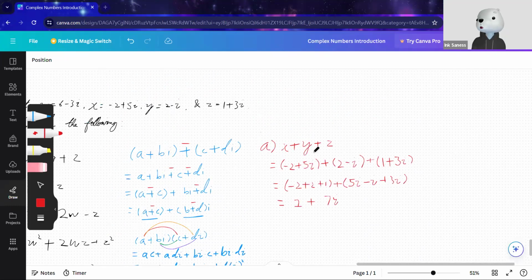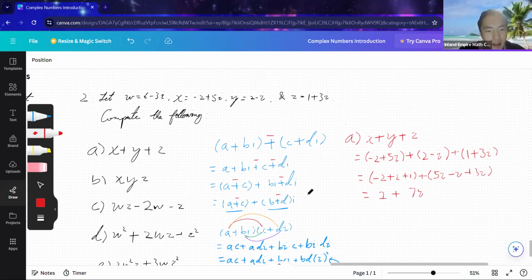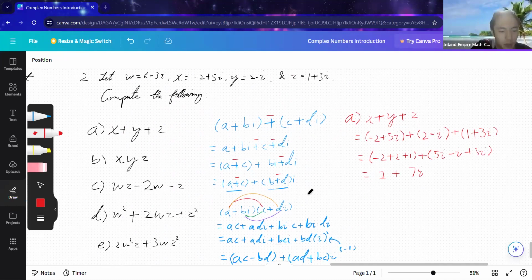Let's try part B, shall we? Actually, for now, skip part B because it might be a little complicated. Why don't you guys try part C first? Go ahead and try part C. I'll give you like 1 to 2 minutes.